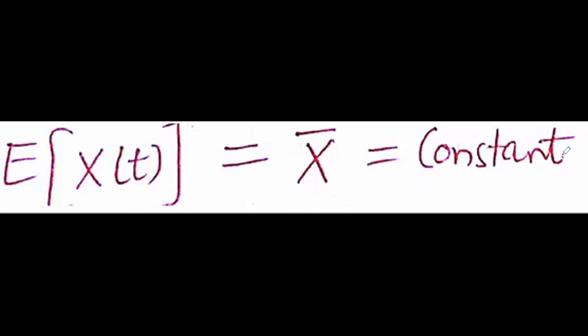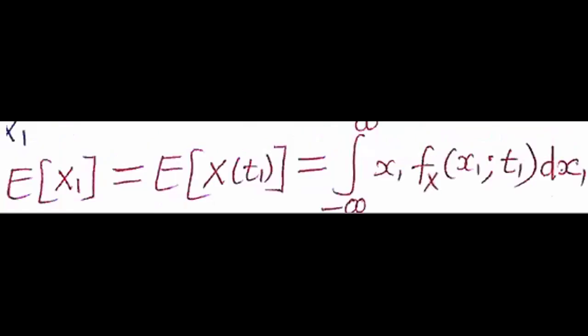And if you find the mean values of the random variables, x1 is equal to x of t1, then the equation should be like this. So this is for the random variable x1. And if you find out the mean value of this x1, then it is going to be represented with this value.